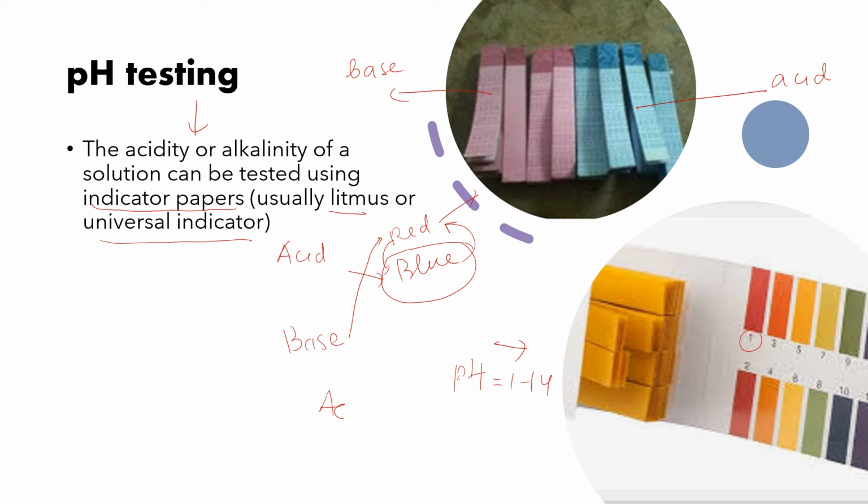For acid, the pH is less than 7. For base, more than 7. And pH 7 is neutral.